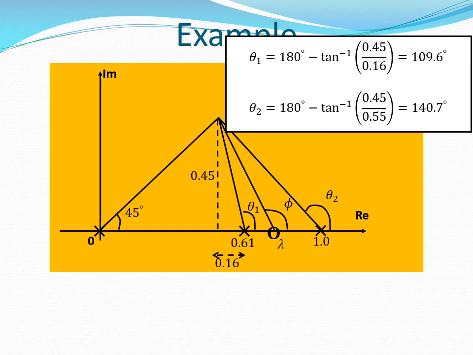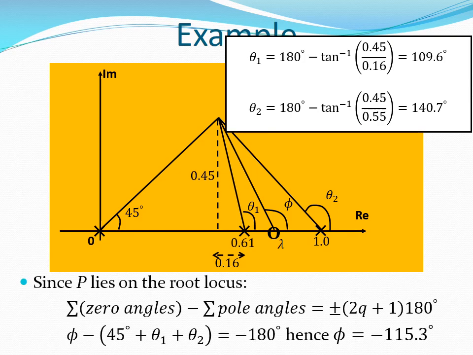In this case, theta 1 equals 180 degrees minus the inverse tangent of 0.45 over 0.16. It works out as 109.6 degrees. We can apply a similar argument to theta 2. We obtain it as 140.7 degrees.